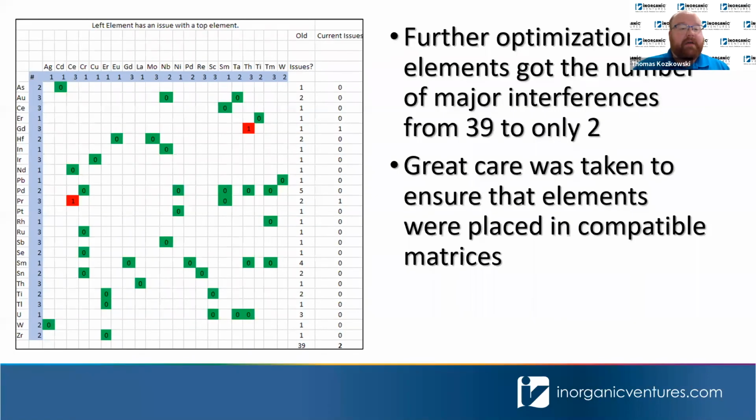And as we dug down, this is a smaller table showing only the elements that were a major problem. And we got 39 major interferences down to only 2. So that was a big deal for trying to optimize these final standards that we come up with. So we took great care in making sure that when we split them up, they were still chemically compatible with the matrix we were going to put them in.